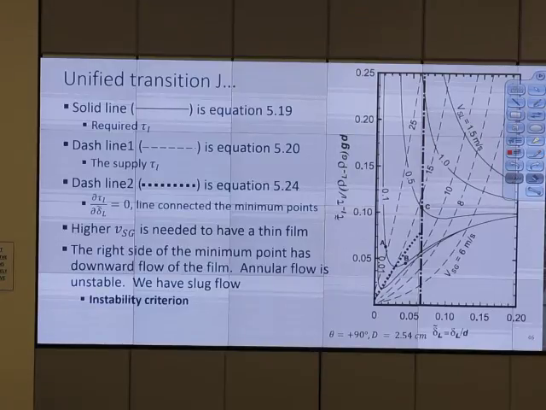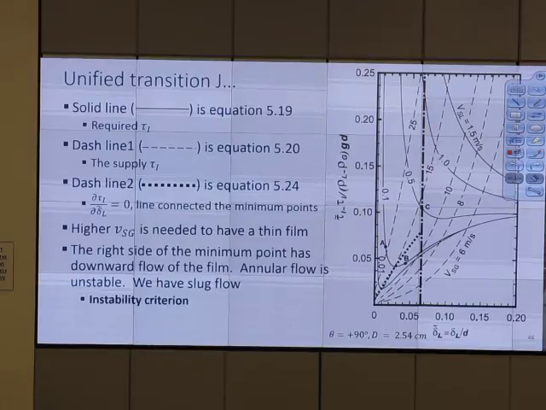So how do we separate between moving up and moving down? The left side of the minimum point is moving up, the right side is moving down. So if I can find the equation for the minimum point, then I get the transition boundary.